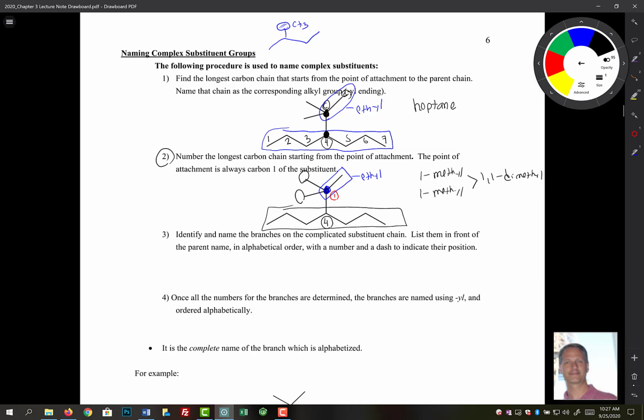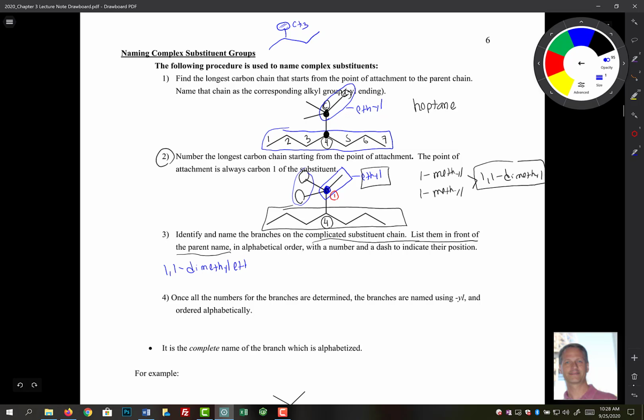Those are the names of our branches on the complicated substituent chain. Now we want to list them in front of the parent name. So that 1,1-dimethyl is sticking off of an ethyl. Those are the things sticking off of right here.